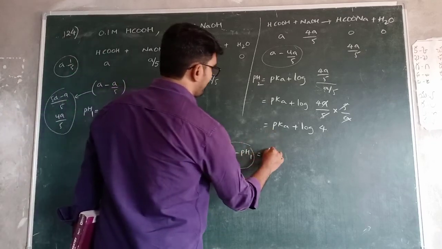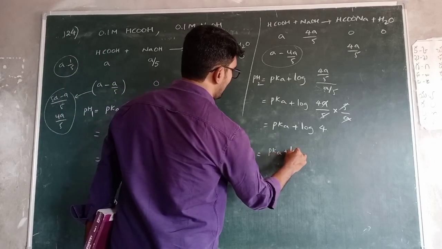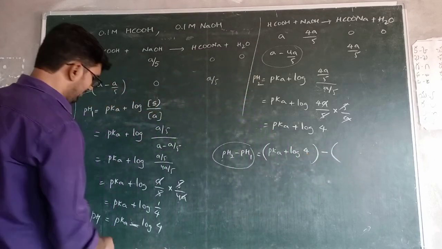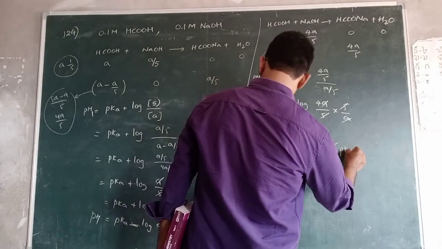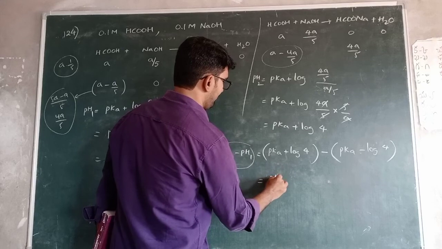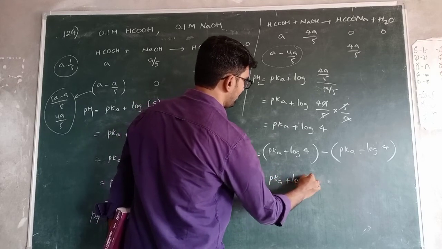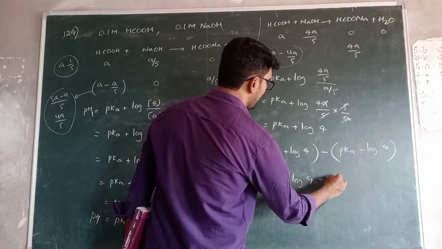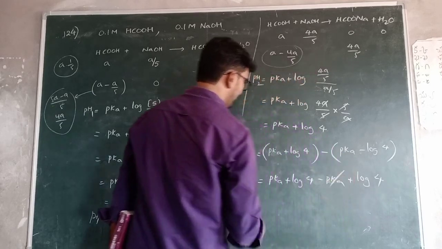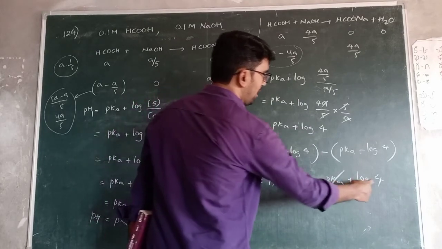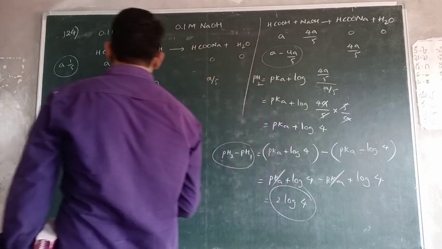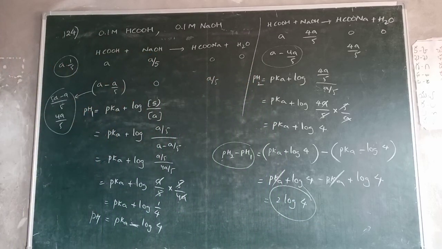So pH2 is pKa plus log 4, minus pH1, which is pKa minus log 4. Minus into minus gives plus log 4, plus pKa minus pKa cancels. Log 4 plus log 4, so total 2 log 4. This is the pH difference between the two stages.